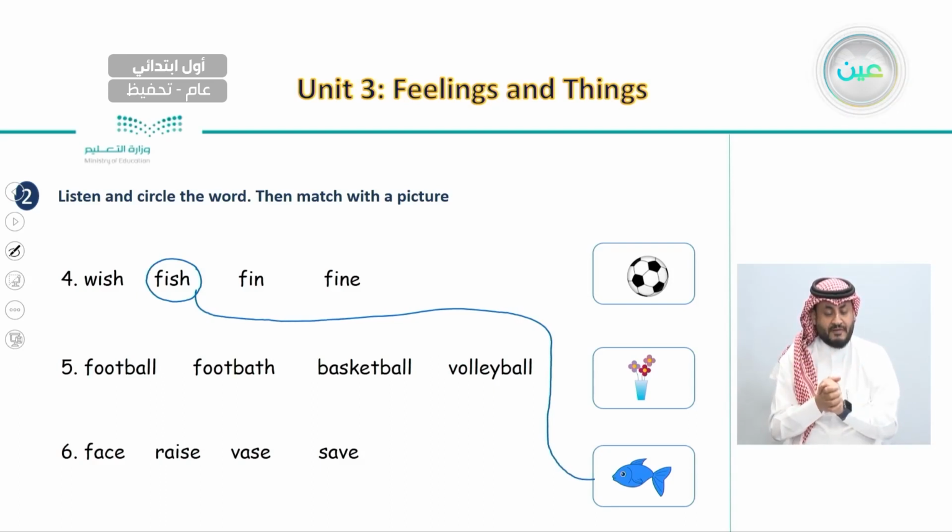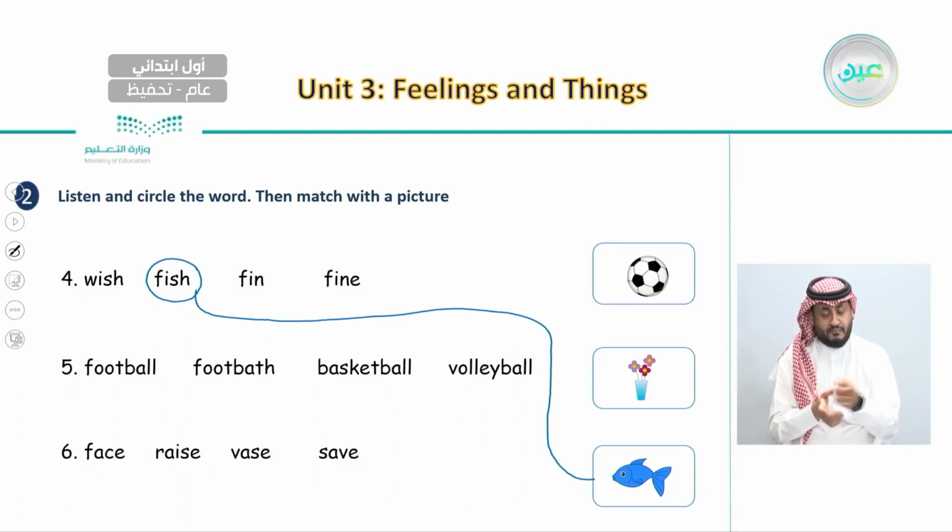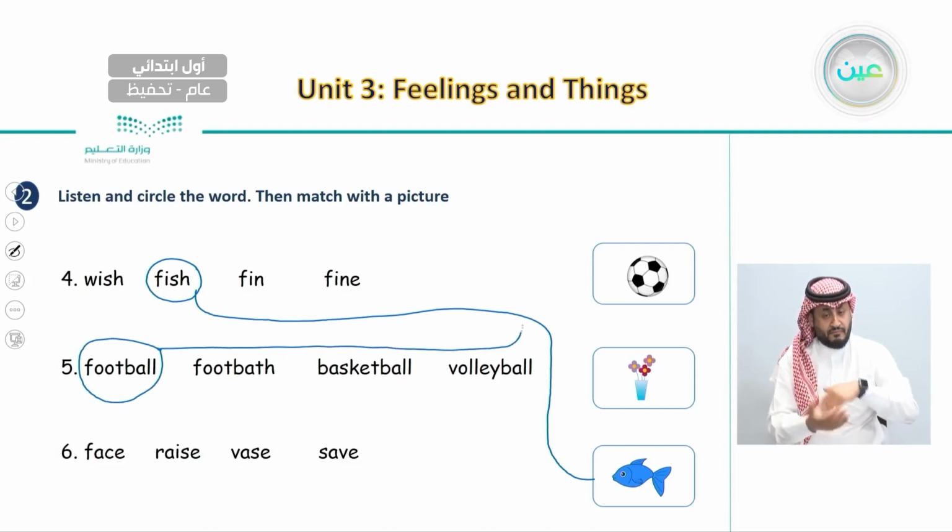Now, number 5 is football. So, football is the first one. So here we go. We circle football and we match it to the first picture.